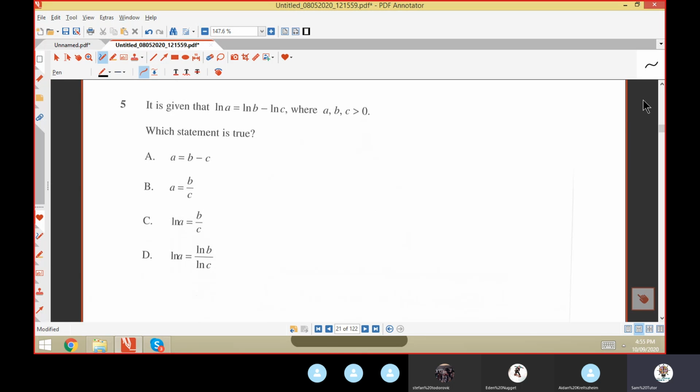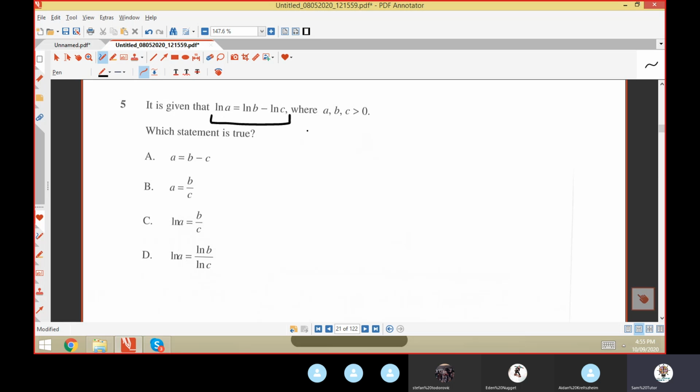Go ahead. It is given that log A equals log B minus log C. Which statement is true? Don't look at the answers, you'll only get it wrong. Just start from the expression given and just use your log laws. Done? You think so? What's your answer, Tiana?